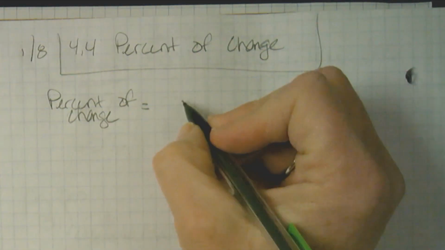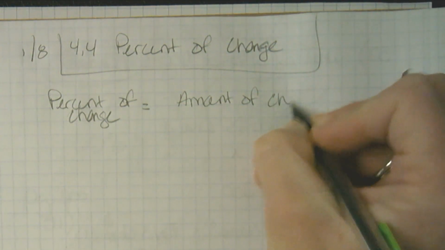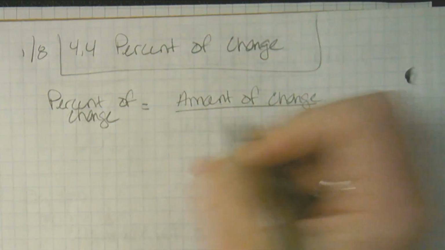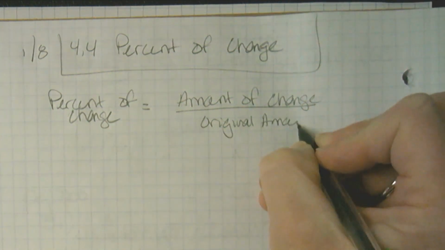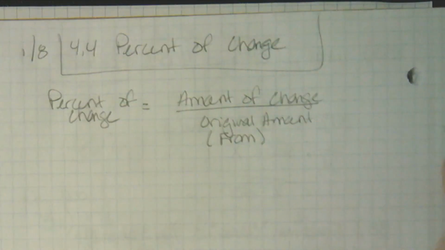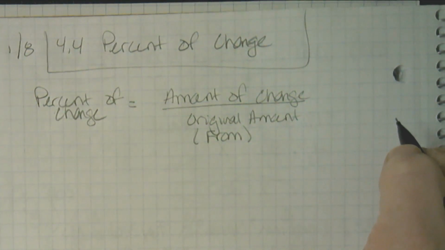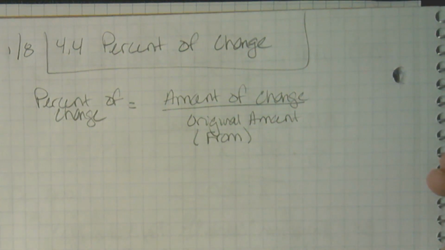So percent of change is the amount of change divided by the original amount. This is our from amount. If I'm going from 15 to 30, our from amount, that's the original.